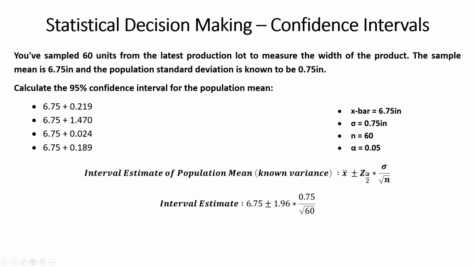Now, instead of doing that for you here, I'm going to refer you back to a whole different YouTube video that I created on confidence intervals to show you the math behind why this equation is what it is and understanding the sample mean distribution and these critical z-scores. I'll link that in the description below, but go check that out. The alpha risk of 5% translates into a z-score of 1.96, and we can calculate our interval estimate to be 6.75 plus or minus 0.189.